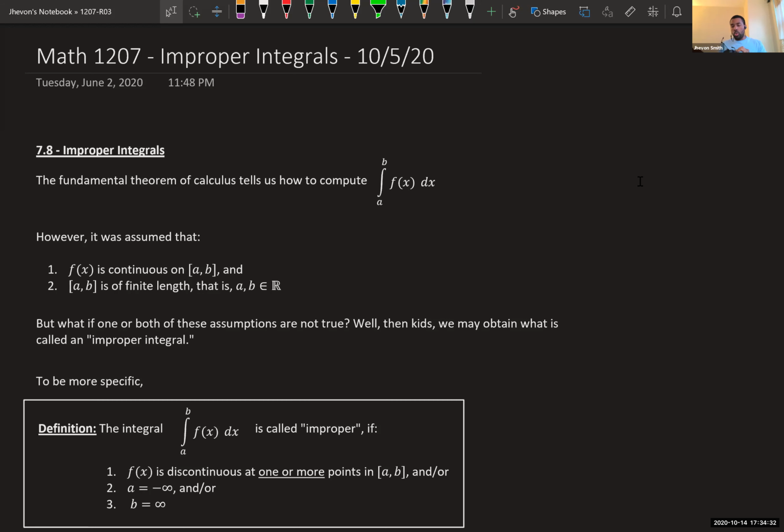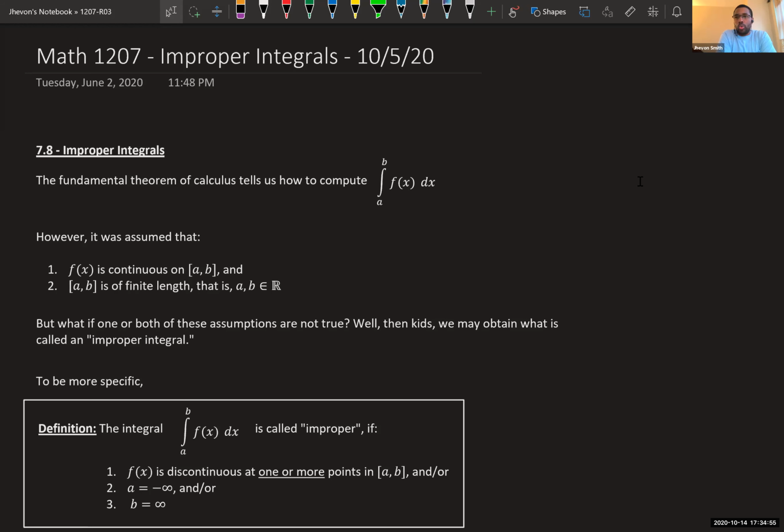So this is an integral where either the function is discontinuous at one or more points in the interval, or the interval itself is infinite in the sense that the lower limit is negative infinity and/or the upper limit is positive infinity. A combination of these can happen for a particular integral, so it might not just be exactly one of these things going on.